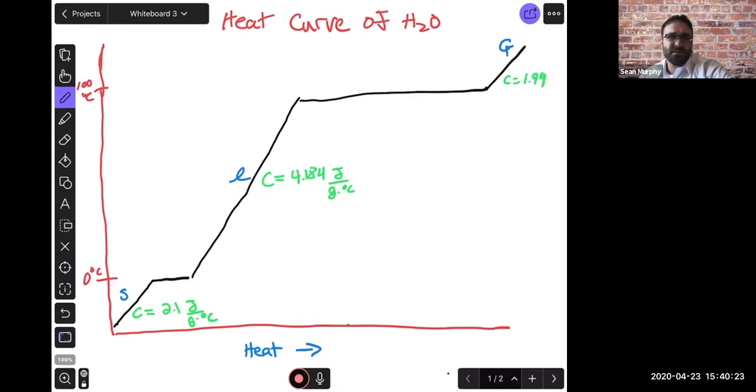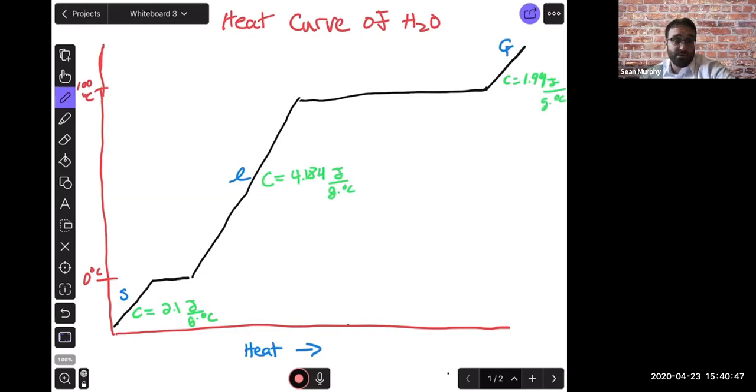So water vapor and ice, or gas and solid, are very, very similar in terms of their heat capacity. Just know that liquid water has the highest. I'm going to put my units down: joules for every gram degrees Celsius.